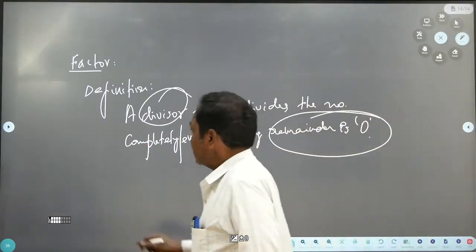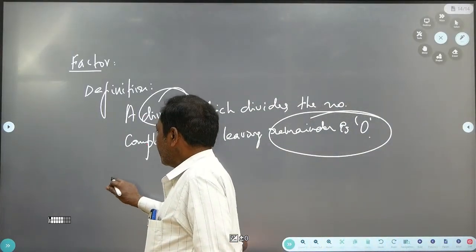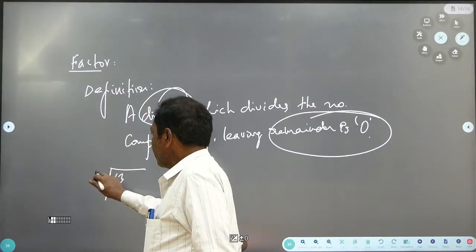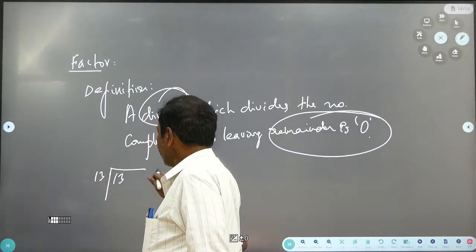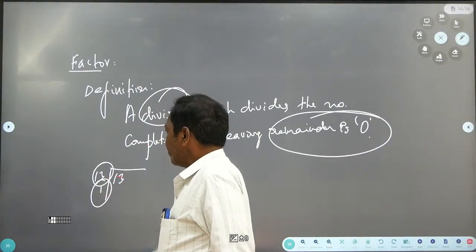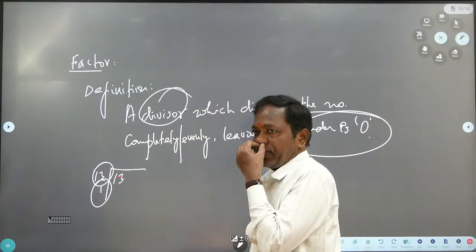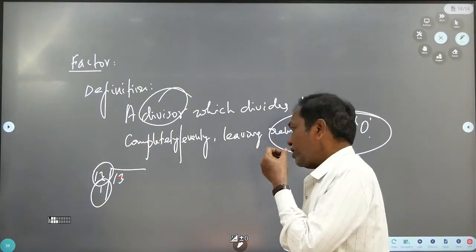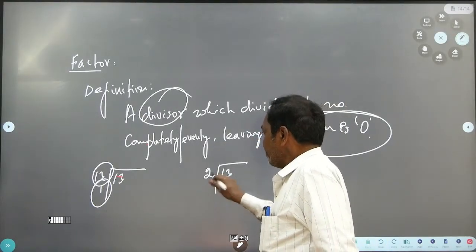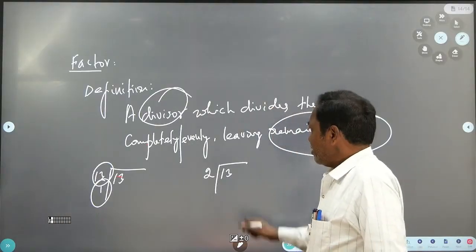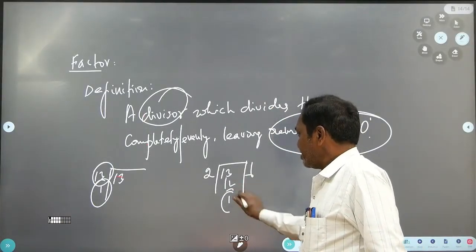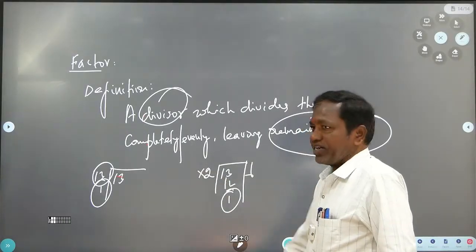Let us see some examples of this. Let us say 13. 13 can be divisible by itself. The remainder will be 0. 1: remainder will be 0, so 13 is also a factor, 1 is also a factor. If you take 13 and try with divisor 2, 2 6s are 12, remainder 1. So there is a remainder, so 2 is not a factor.